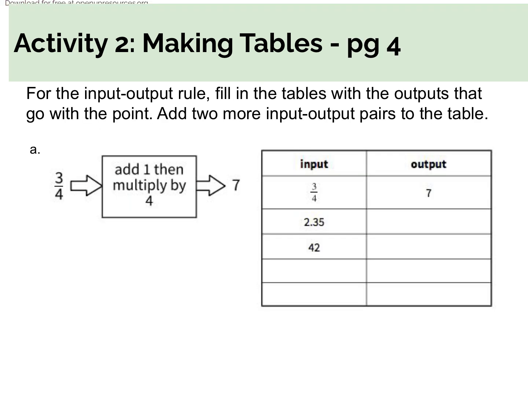Now we're going to try some ourselves. On page 4, make sure you turn to page 4. We have A, which is an example of the first one. Our rule is we are going to add 1, then multiply by 4. This is done a little bit differently. If you put everything into your calculator and press enter, you're going to get it wrong.